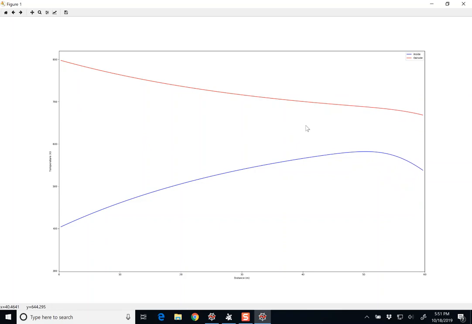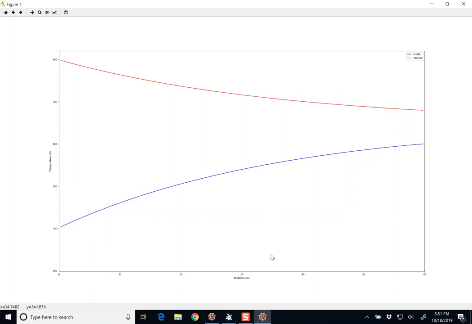This is in contrast to a countercurrent flow heat exchanger. So in a countercurrent flow heat exchanger, we have flow going the other way. So you can see near the end of this thing, we're getting this much smaller temperature difference.